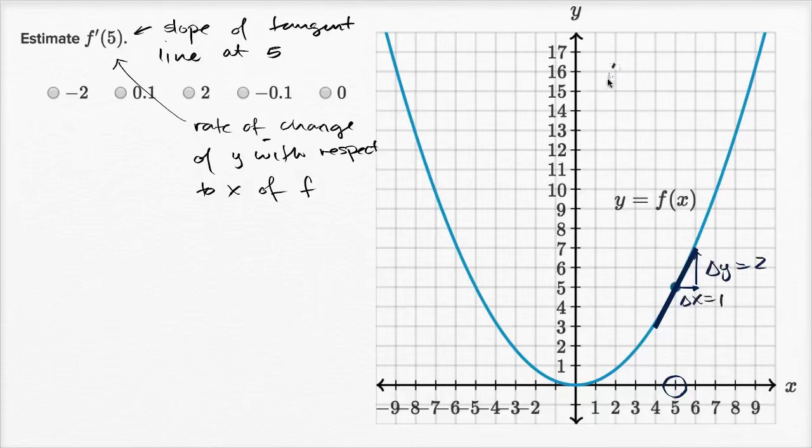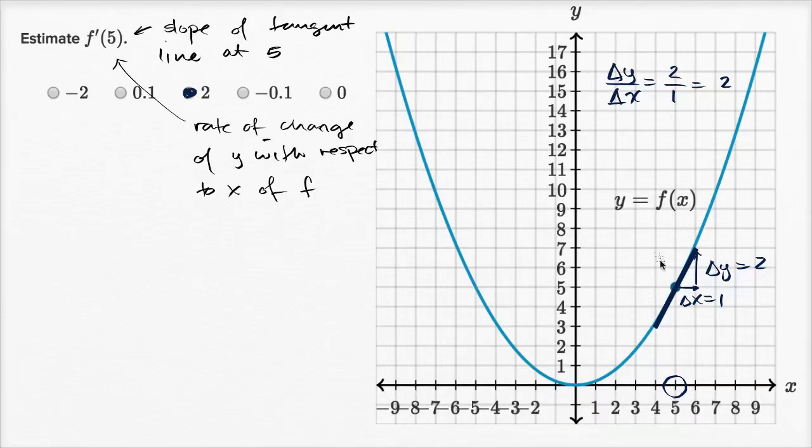So our change in y with respect to x, at least for this tangent line here, which would represent our change in y with respect to x right at that point, is going to be equal to 2 over 1, or 2. And they told us to estimate it, but all of the other choices are way off. Having a derivative of negative 2 would mean that as we increase our x, our y is decreasing.